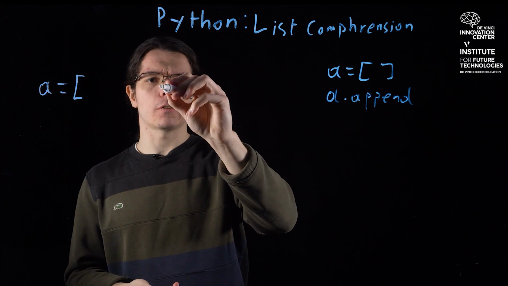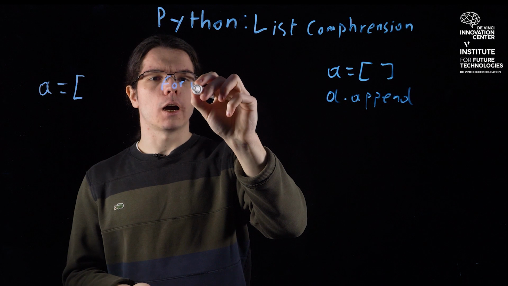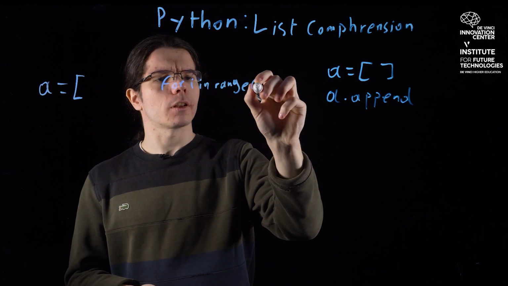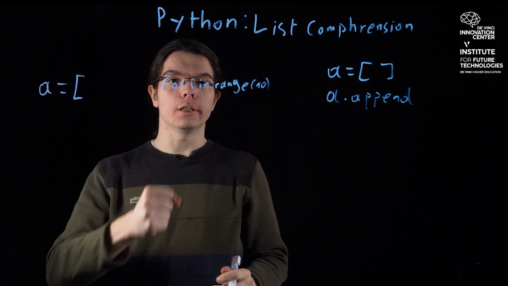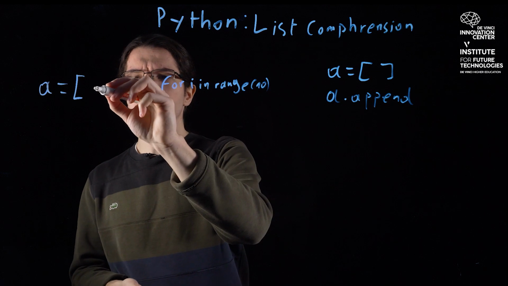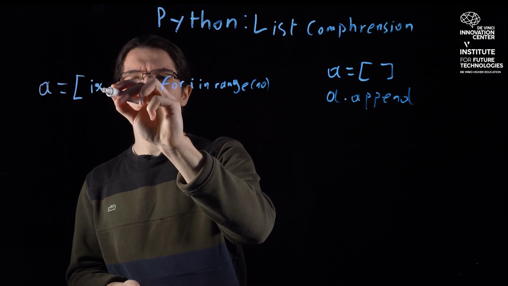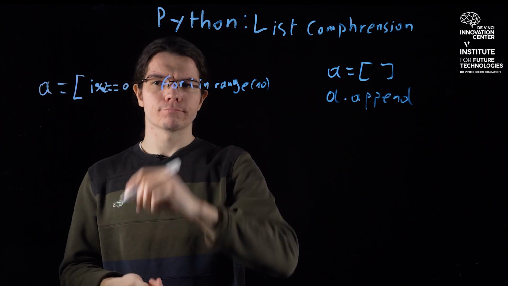For example, I'm going to write: for the numbers i in range 10, and I'm going to say to Python, I'm going to create a list of booleans, and this boolean is going to be i % 2 == 0.